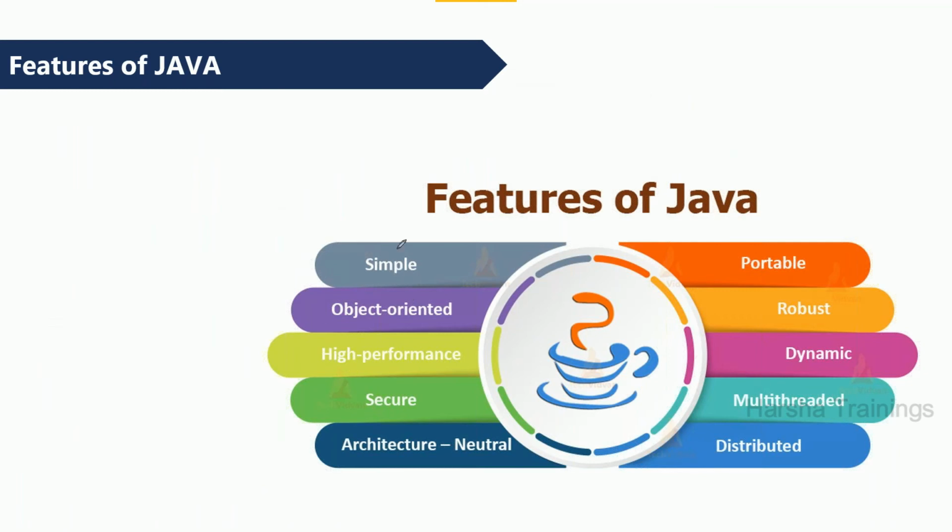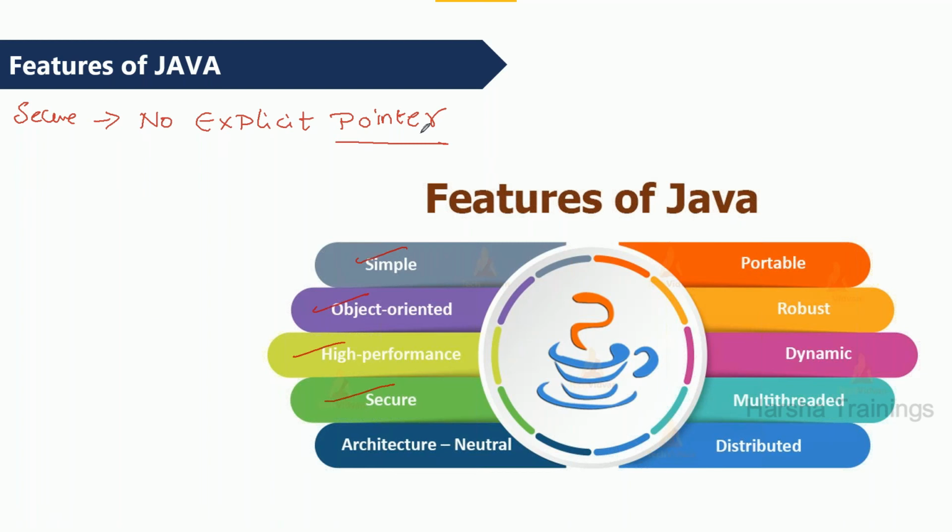Now, simple, object-oriented, secure. What is meant by a secure language? Java is a secure language. How can you say that it is secure? Whenever you are talking about explicit pointers, a pointer is a variable that stores an address.